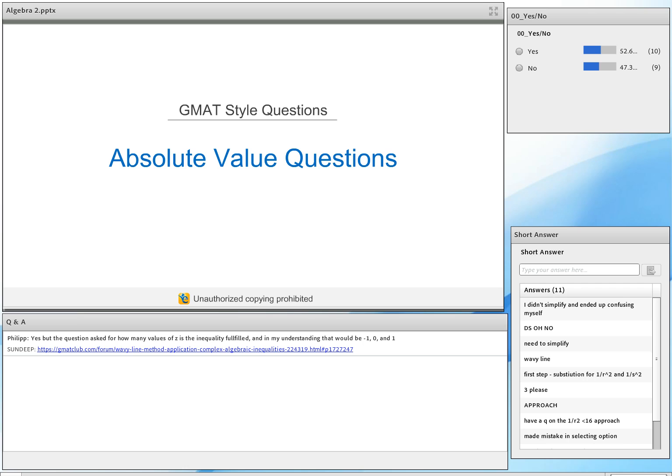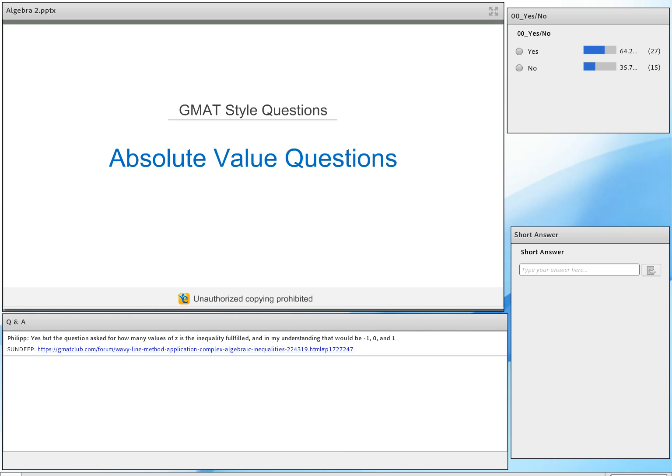I want you to follow a step-by-step process to solve data sufficiency questions. DS questions appear to be difficult because we are not very familiar with them. But if you have strong conceptual understanding, there is no reason why DS questions will be difficult.